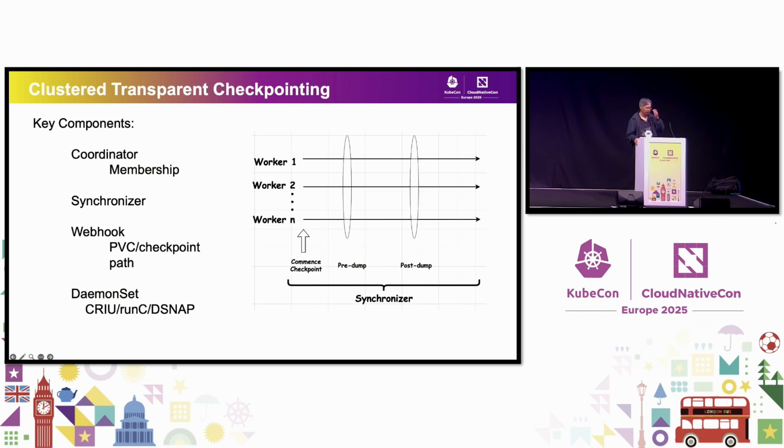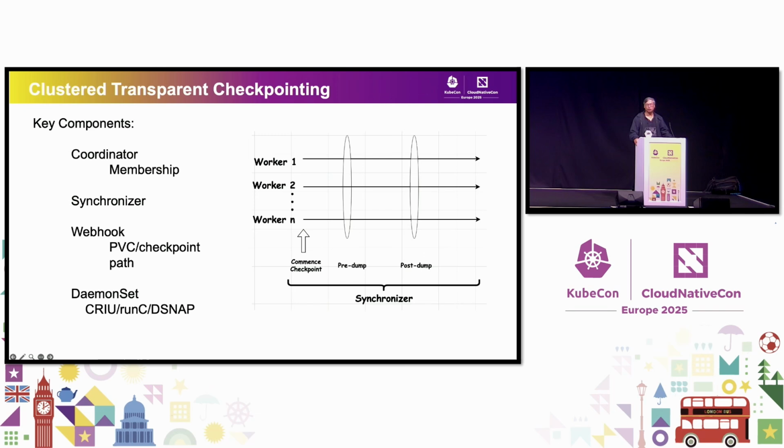And then we also have a webhook that allows us to provide for particular applications a checkpoint path to a persistent volume or whatever, so that we know where this checkpoint is being stored. And there's a daemon set to deploy this on each host. And we do use a modified version of runC.